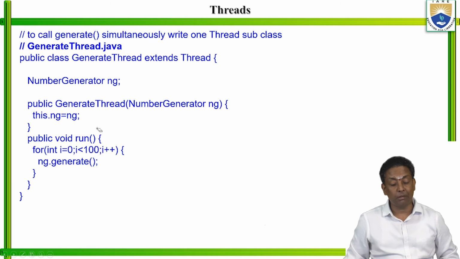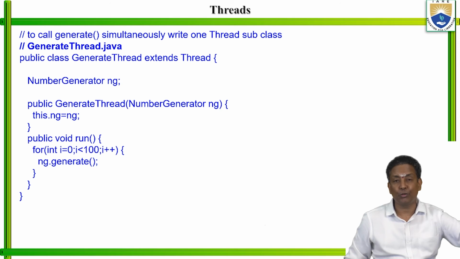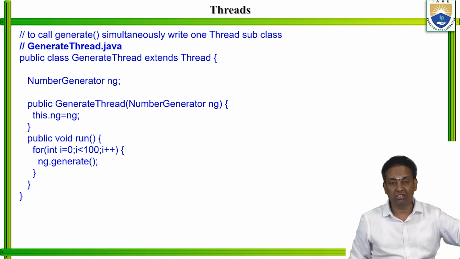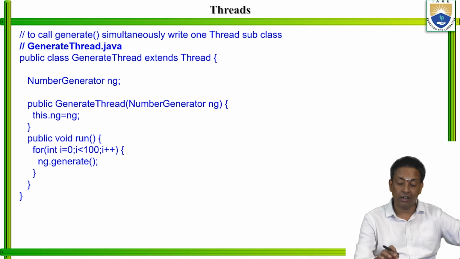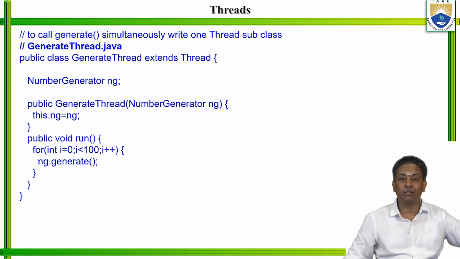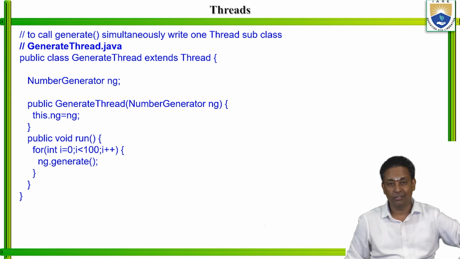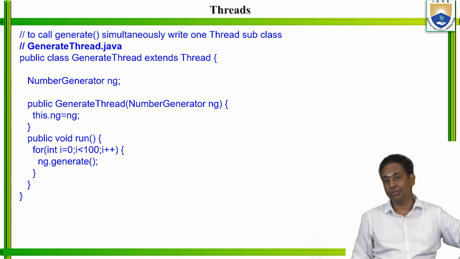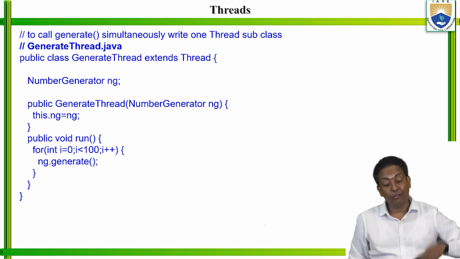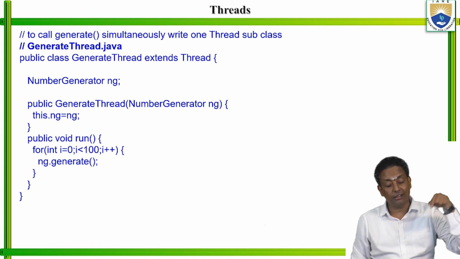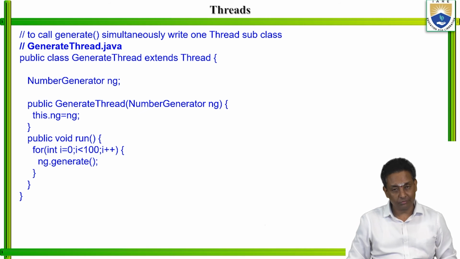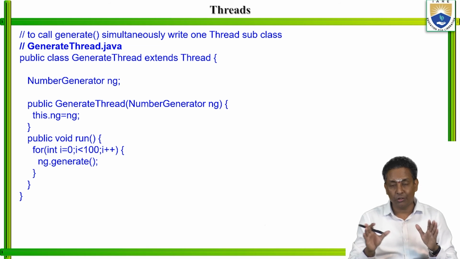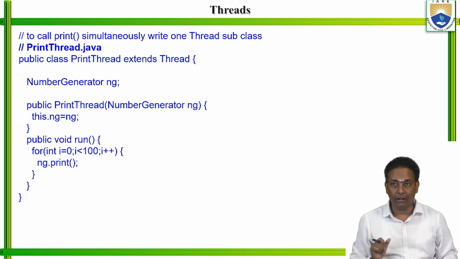The logic written directly in run cannot be called by any name, and without the thread, it cannot run outside directly. That is not how a thread should be implemented. First we must write methods, and then call those methods from the run method of the thread class. These are some of the do's and don'ts of implementing threads.